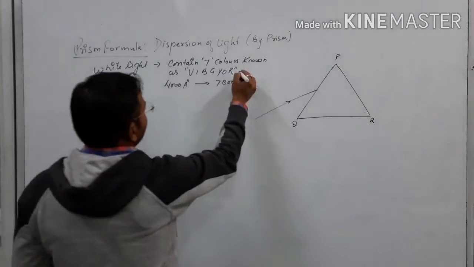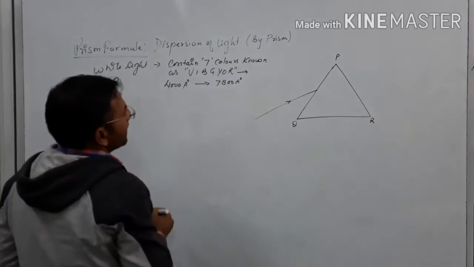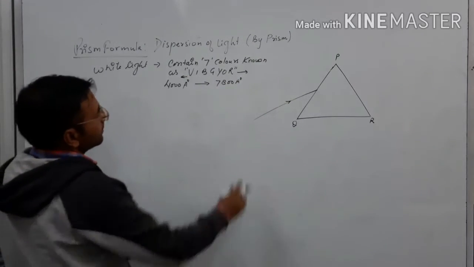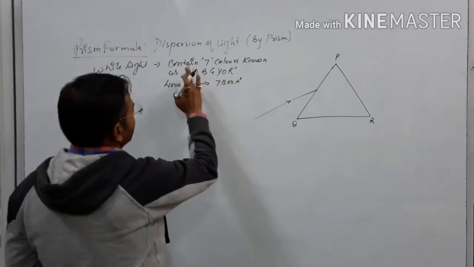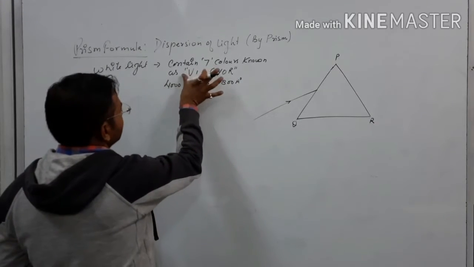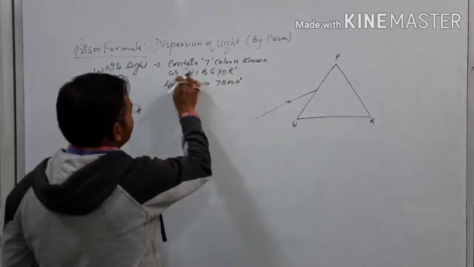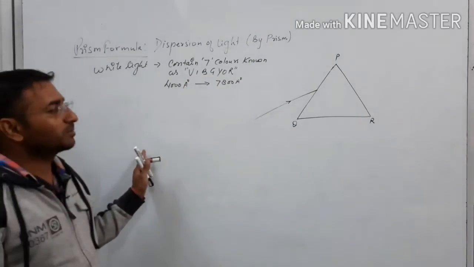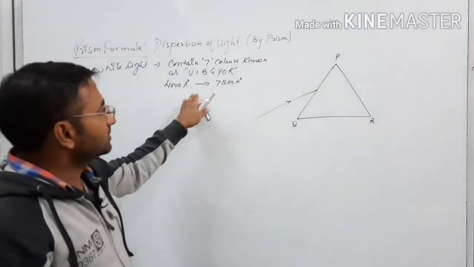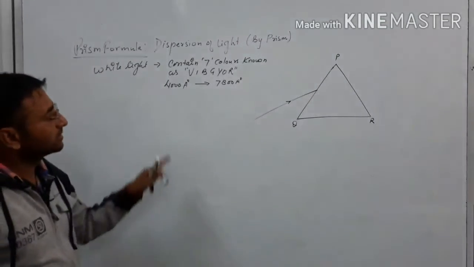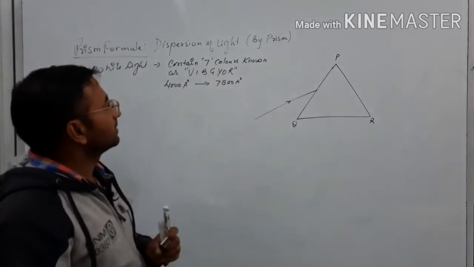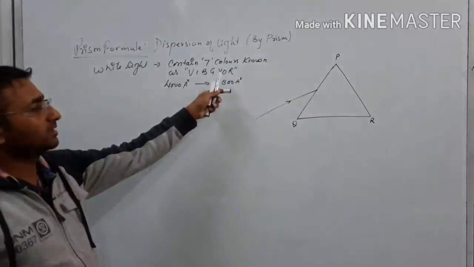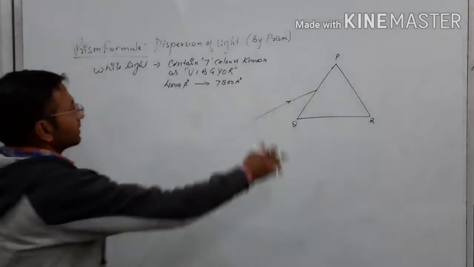After red we have infrared, and below violet we have ultraviolet wavelengths, which are not visible to human eyes. So here we are talking only about the seven colors: violet, indigo, blue, green, yellow, orange, and red.